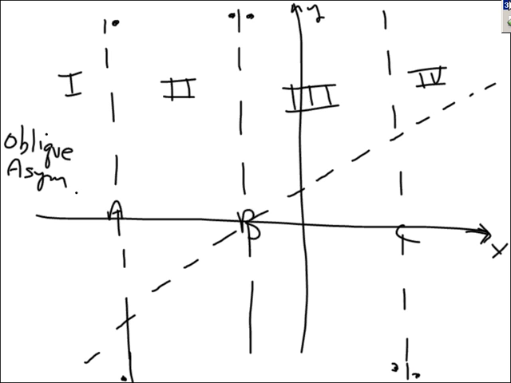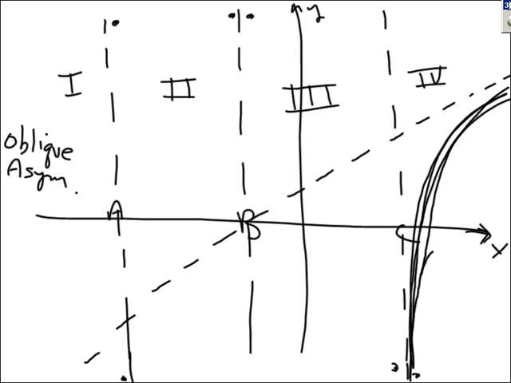Okay, let's do the extremes. Let's do 4. 4, remember, you have to get closer and closer to this dashed line. And you have to get closer to this curve. Excuse me, this line up here. So it goes something like that. Okay, let's do region 1.